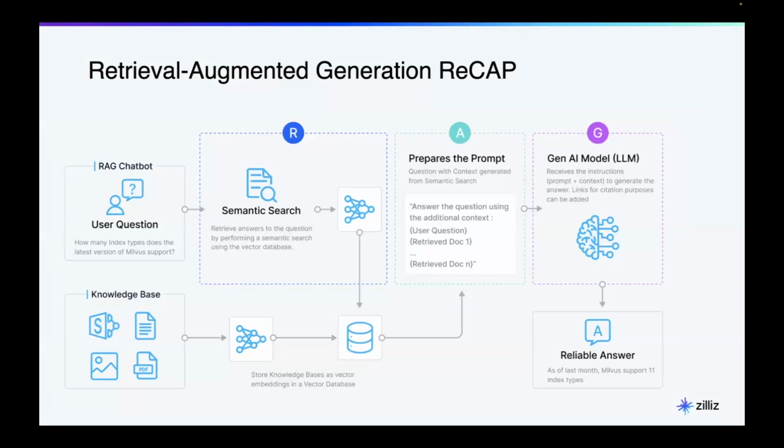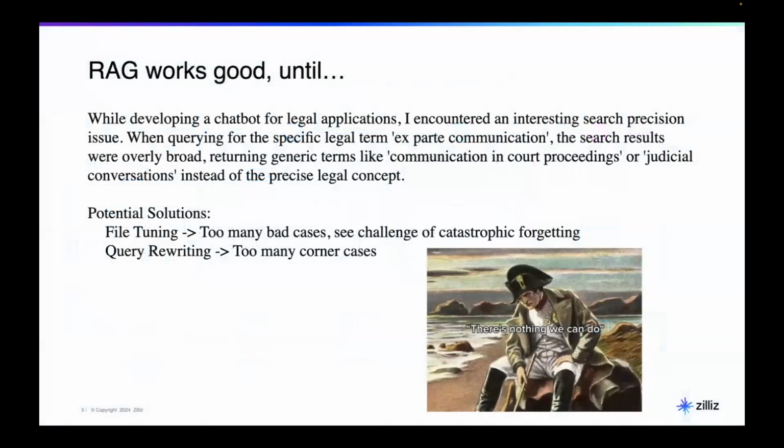Then when you want to do queries, you embed your queries, search the VectorDB, and get some of the key facts, and you feed them to your large language models. Then you can get a reliable answer, right? Remove some of the hallucinations, right? Sounds really simple, and it actually works pretty good.